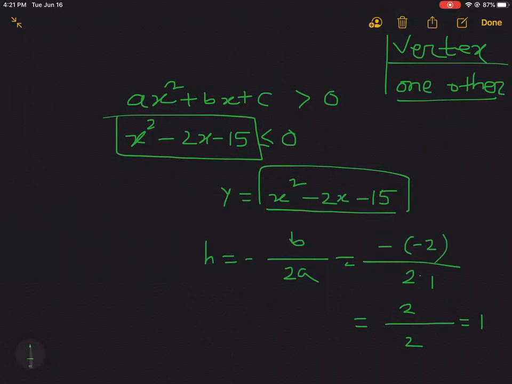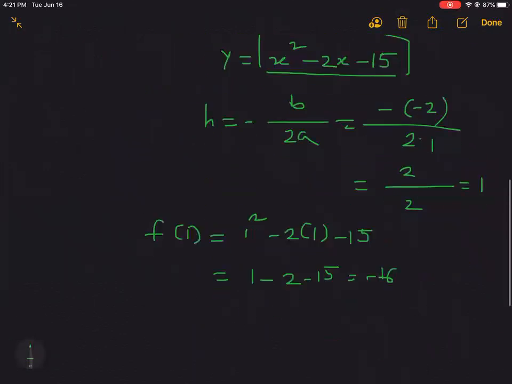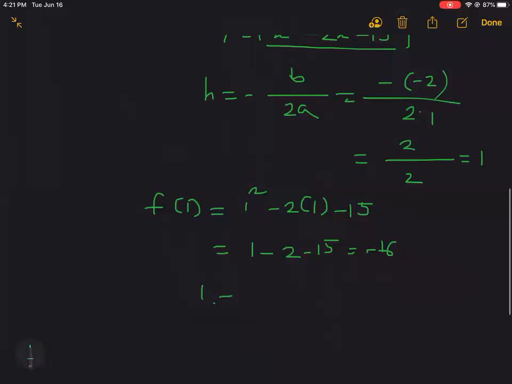That's the first coordinate of your vertex. Now we want to see the functional value of that. So it would be 1 squared minus 2 times 1 minus 15, so 1 minus 2 minus 15 is negative 16. So your vertex is at (1, -16).